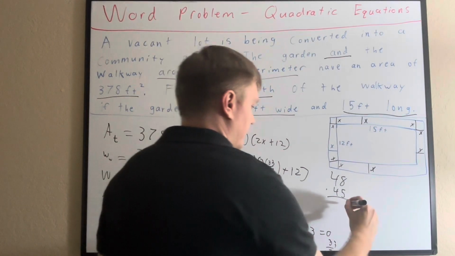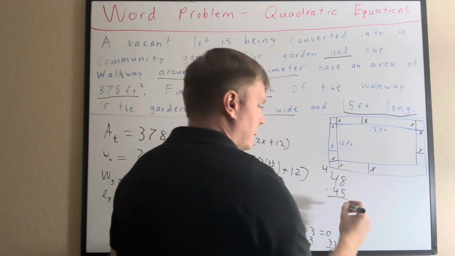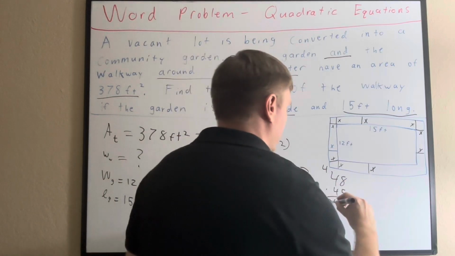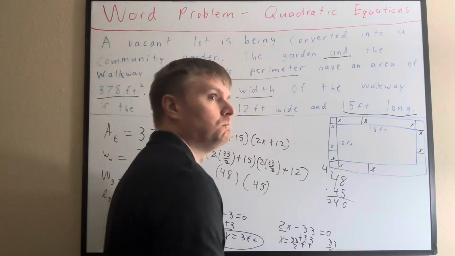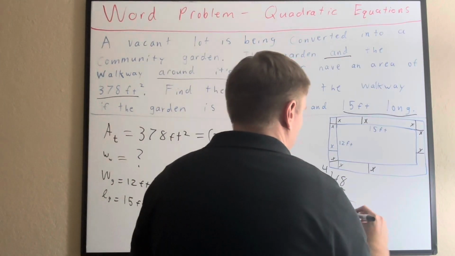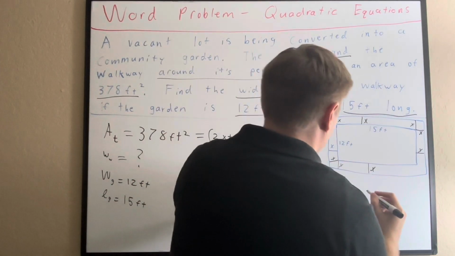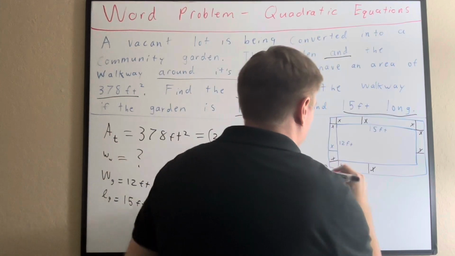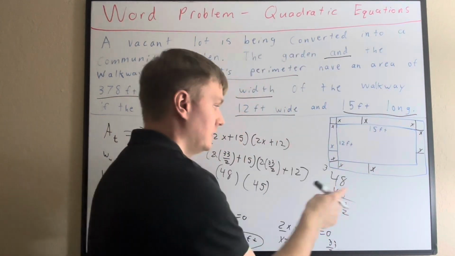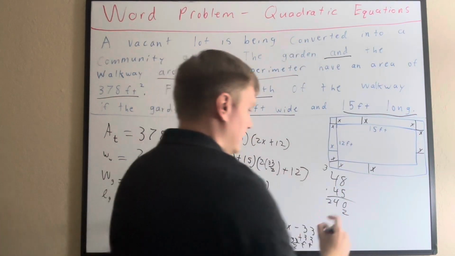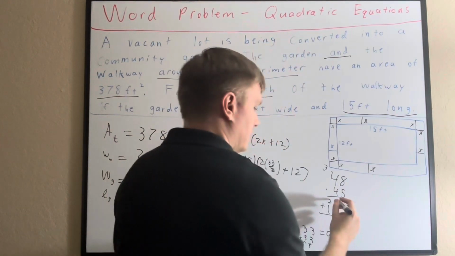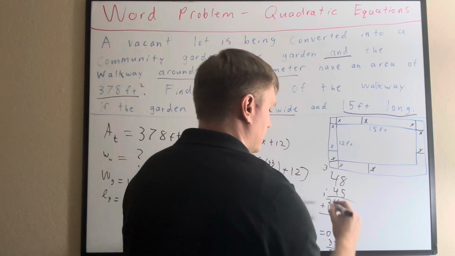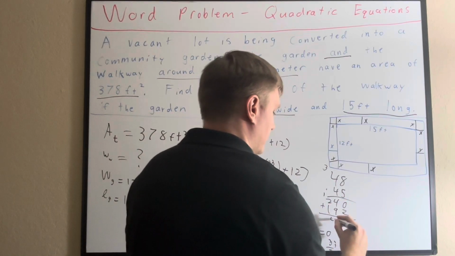8 times 5 is 40. 4 times 5 is 20, plus 4 is 24. 4 times 8, 32. 4 times 4, 16, plus 3, 19. 432.